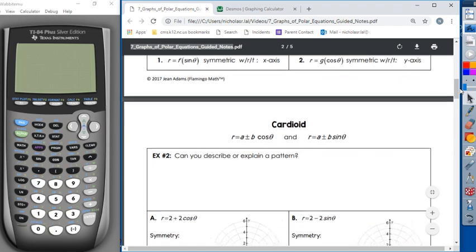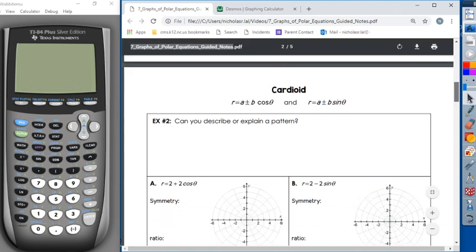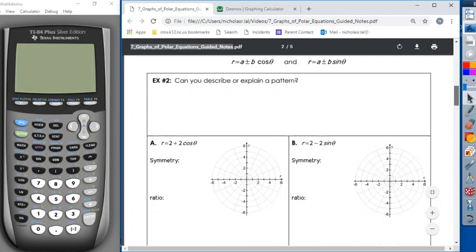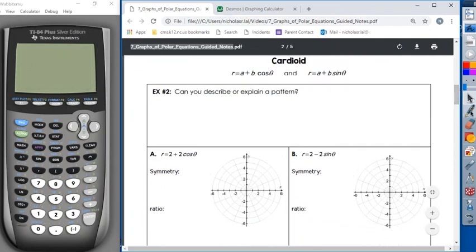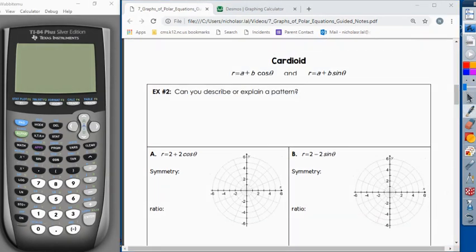So now I'm going to go into analyzing some of the polar graphs that you may be exposed to in the pre-calculus course. First shape that we're going to look at is the cardioid. If you haven't seen a cardioid or a limaçon before, we're going to graph it in a second.